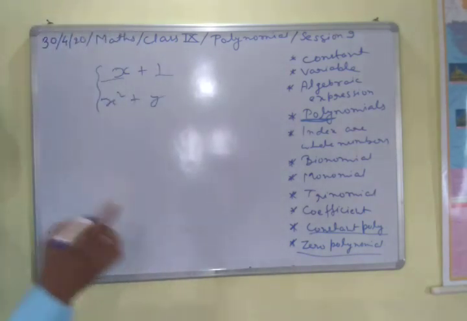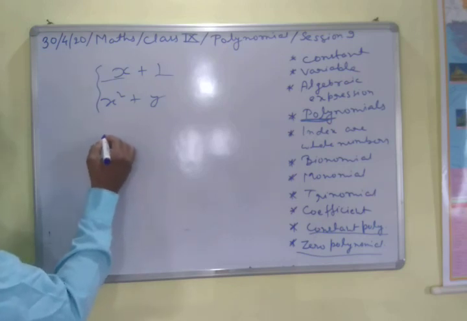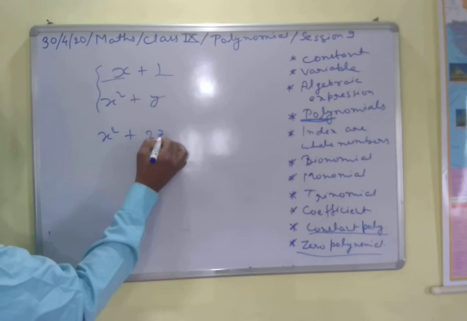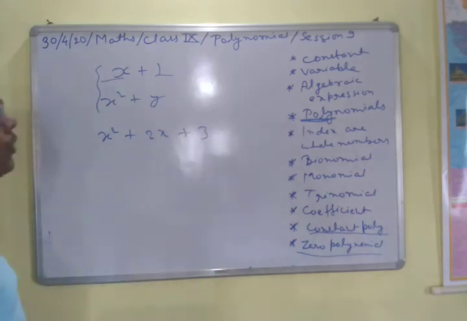And when there are 3 terms, then it is called a trinomial, like x square plus 2x plus 3. This is called a trinomial because it has 3 terms. The next is the monomial.